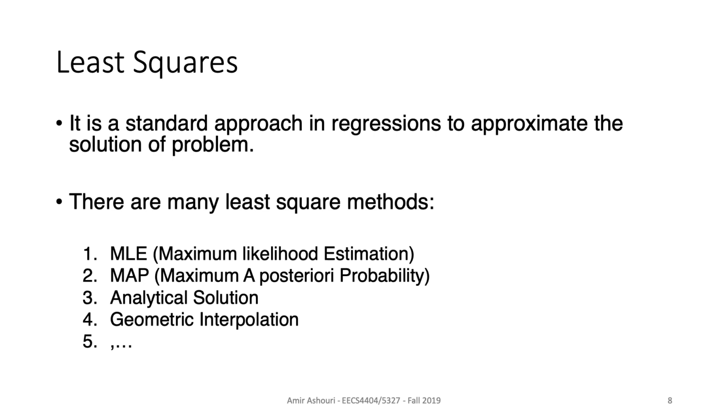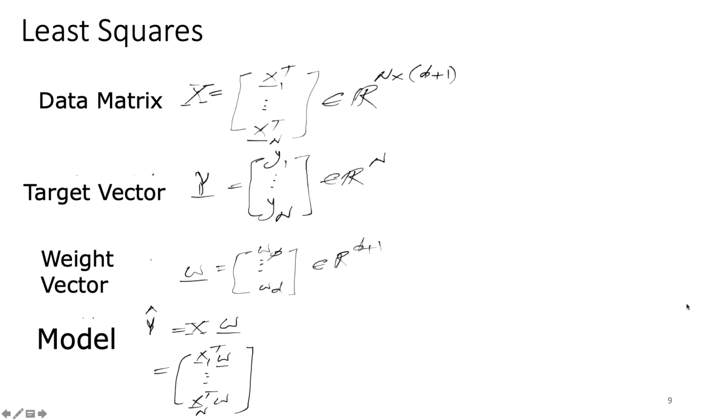All right. So now we arrive at the point that we have a data matrix of capital X that has all those vectors of x's from x1 up to xn, and all of them are in the n multiply d plus 1 dimension of R. You know why, right?